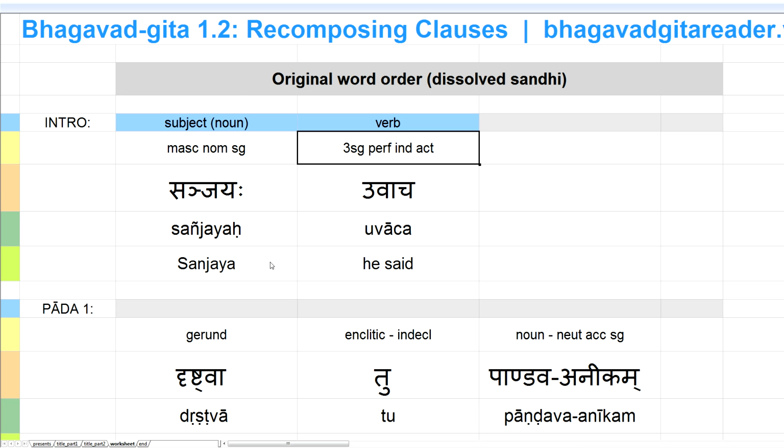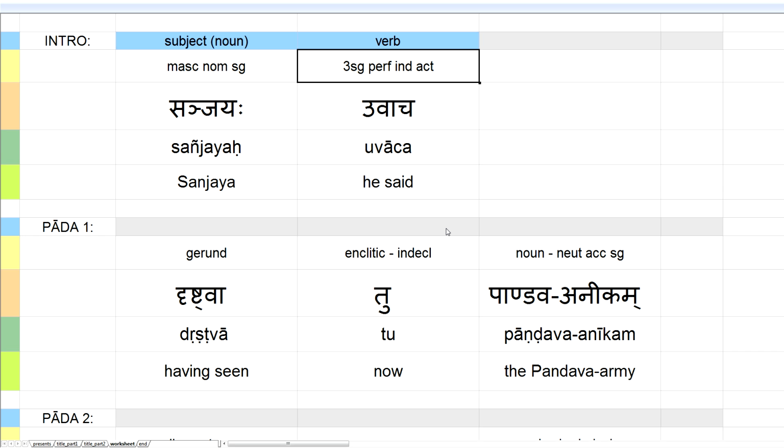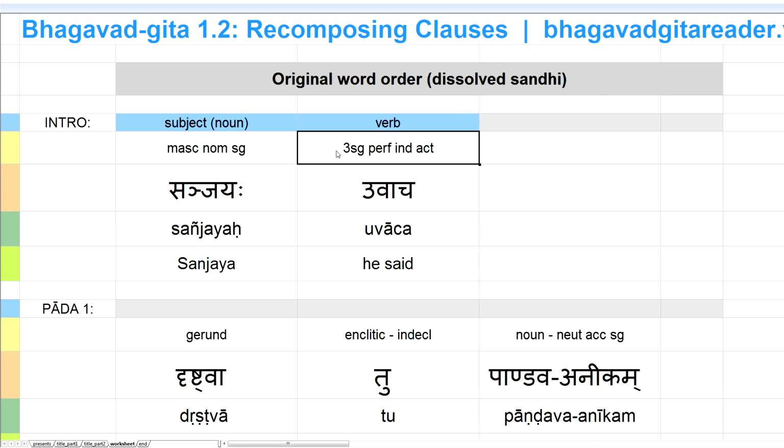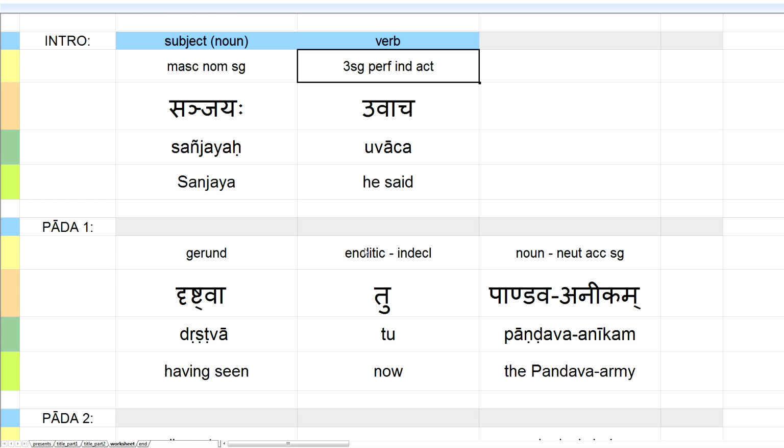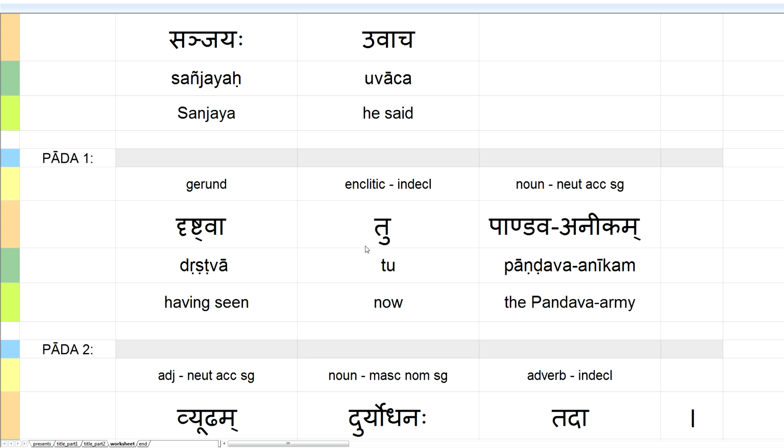So we already have the first clause here, sanjaya uvaca. Now we note that sandhi is dissolved here, to make things easier to talk about in terms of grammar. Okay, let's go to pada number 1 here.